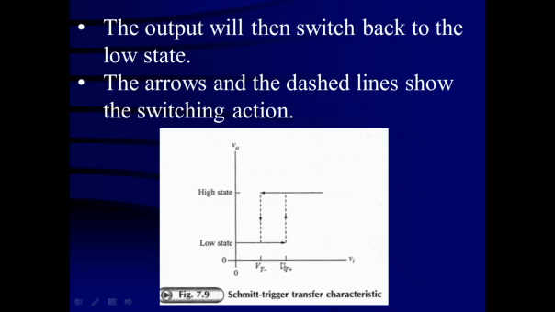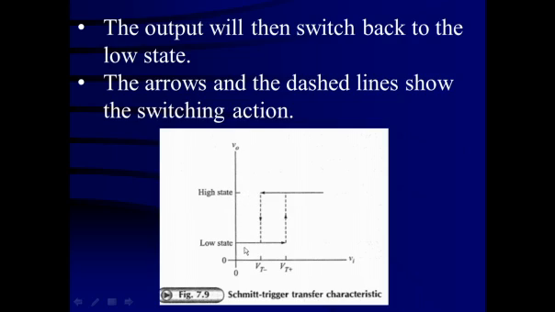When the input exceeds VTH plus, then the output swings from low to high. And when the input reduces below VTH minus, then the output swings back to low. So, this is the transfer characteristic of a normal Schmitt trigger circuit. But with an inverter like the 7414, this transfer characteristic is going to be reversed.